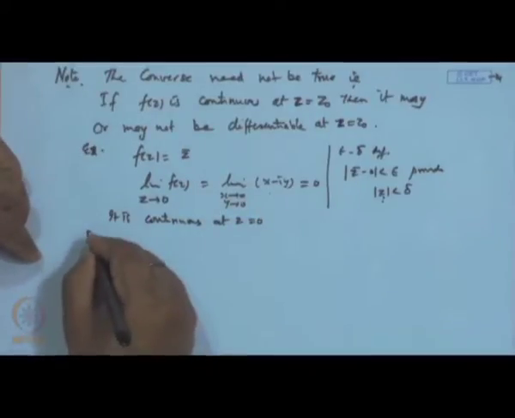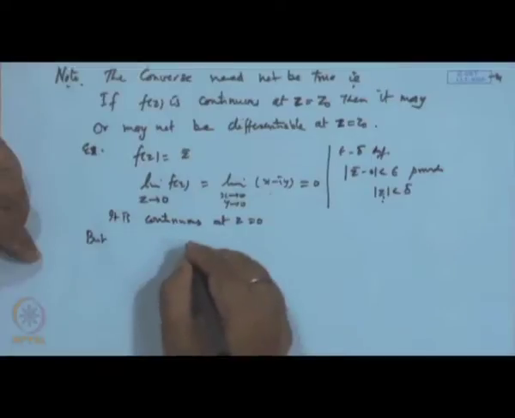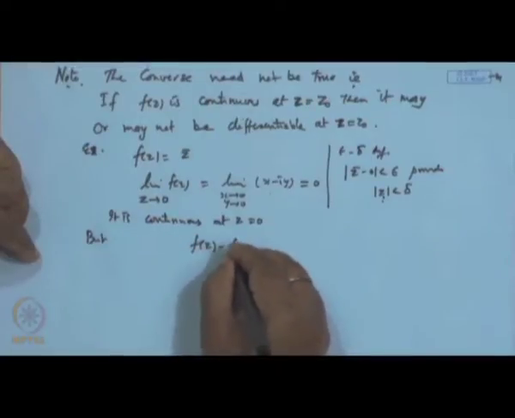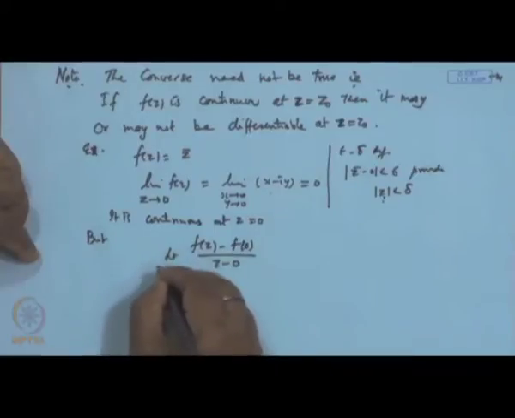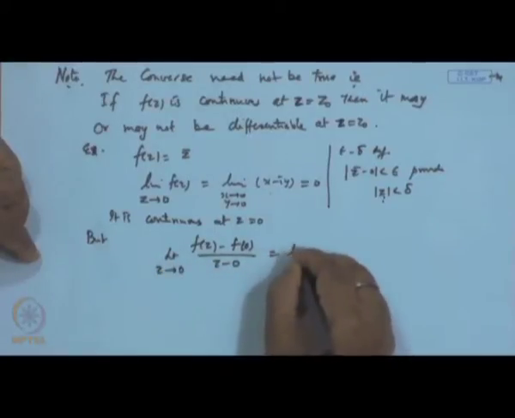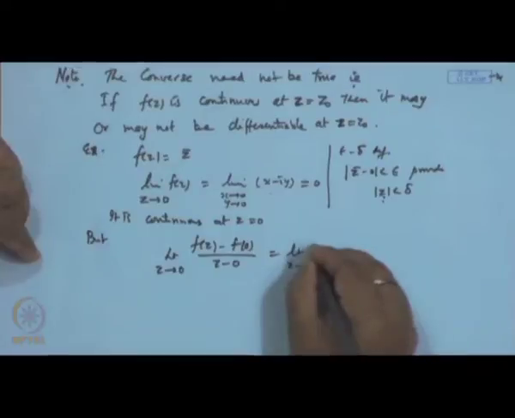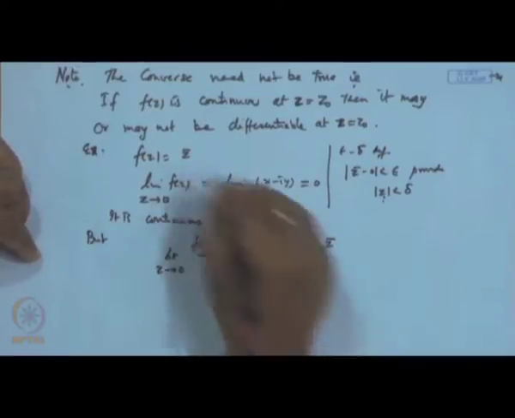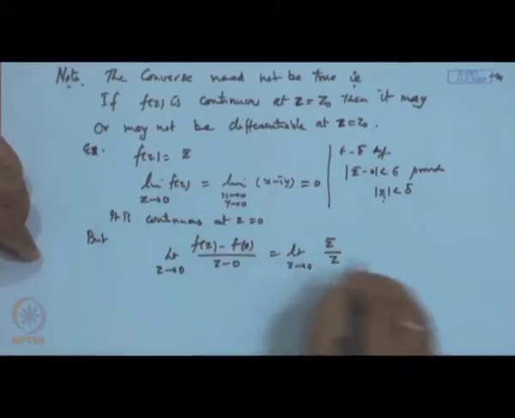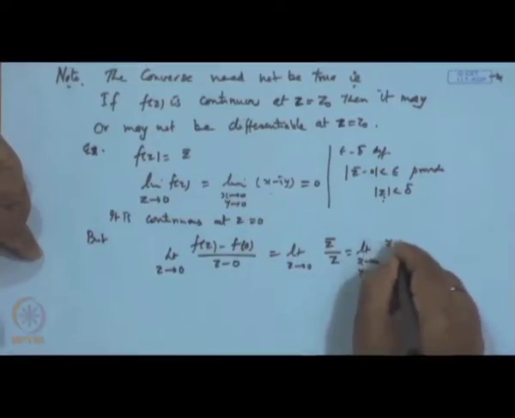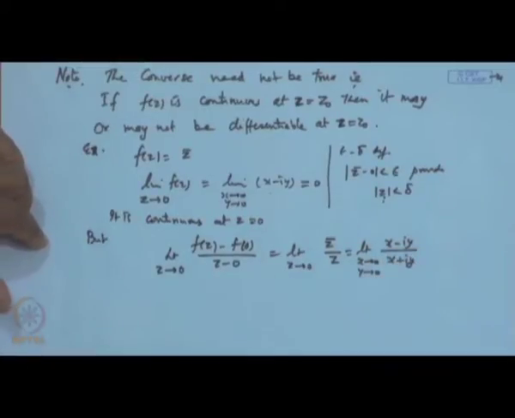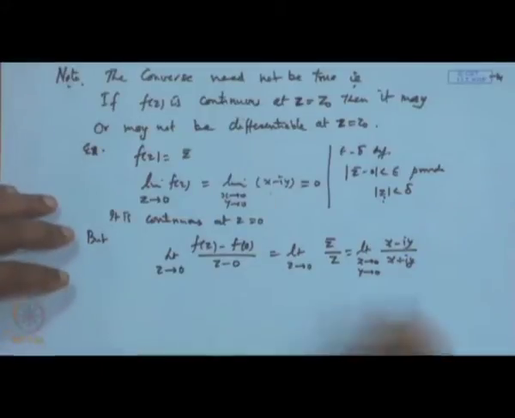But if I look at the differentiability, then [f(z) minus f(0)] divided by [z minus 0], limit z tends to 0. What is this? Here f(z) is z bar, f(0) is 0. This is the same as the limit as x tends to 0, y tends to 0, of (x minus i y) over (x plus i y). Now again, you choose different paths.